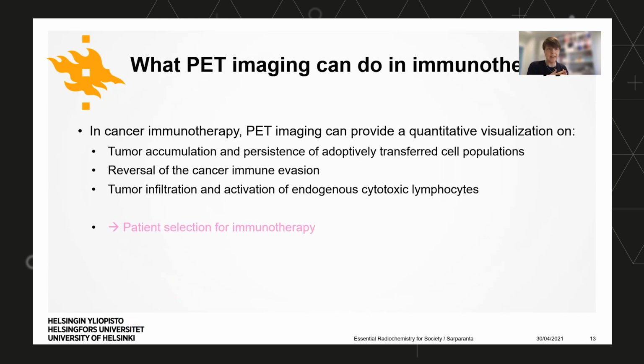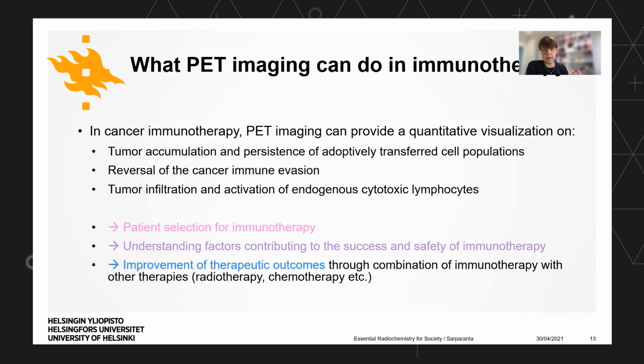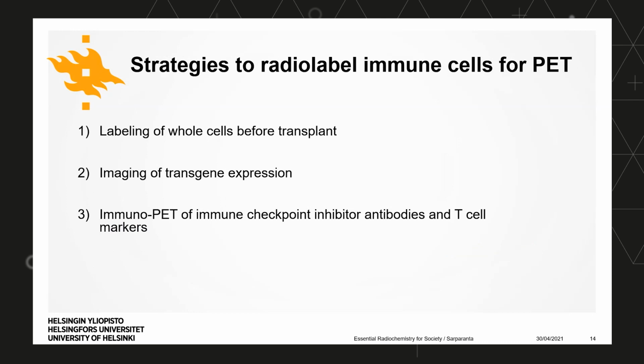This improves patient selection for immunotherapy and helps us understand the factors contributing to the success and safety of immunotherapy. And it results in the improvement of therapeutic outcomes through combination of immunotherapy with other therapies such as radiotherapy or chemotherapy. Okay, next slide.